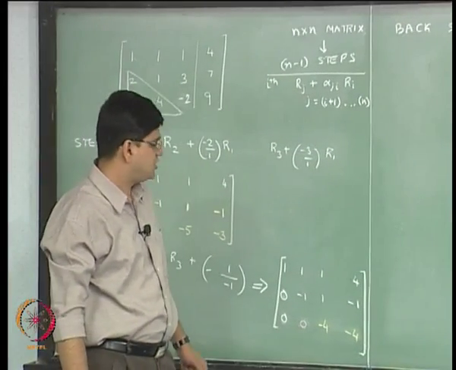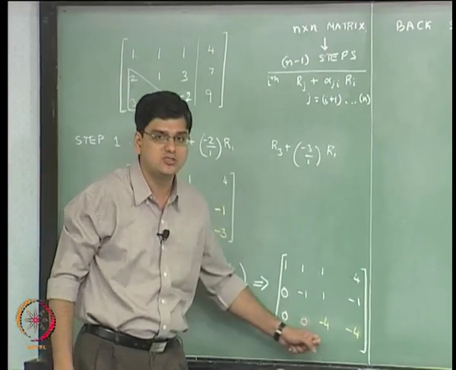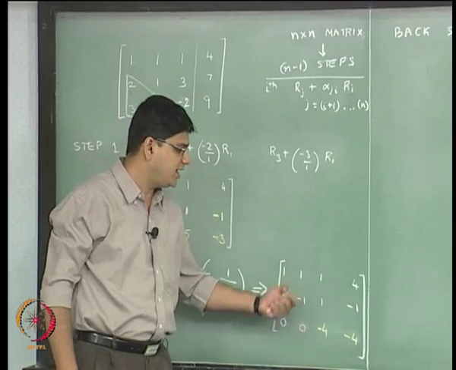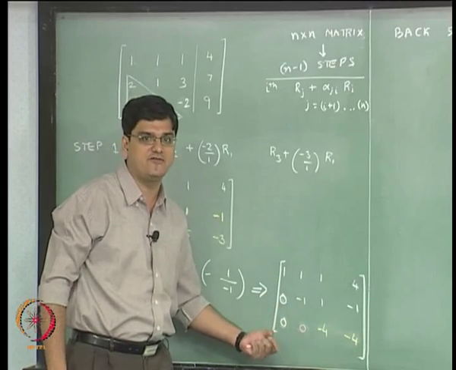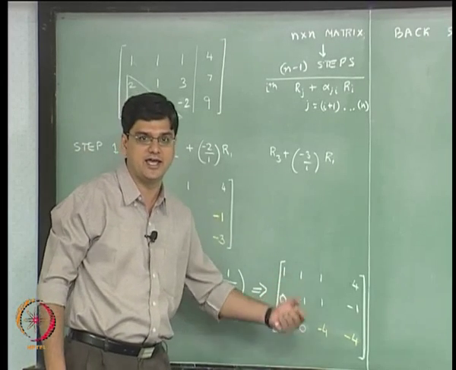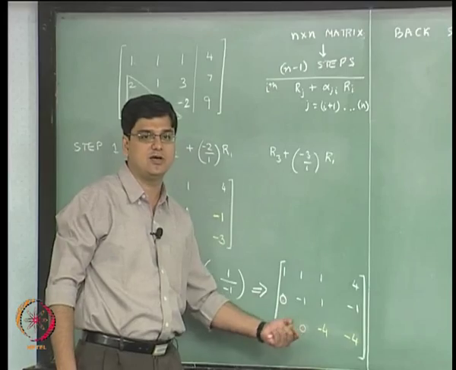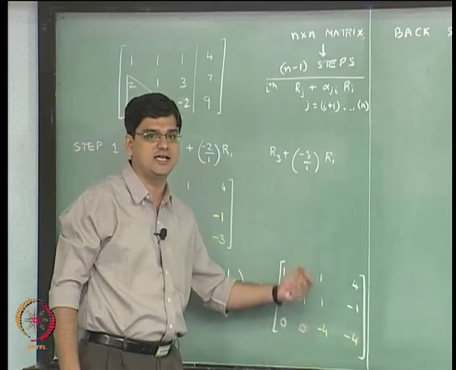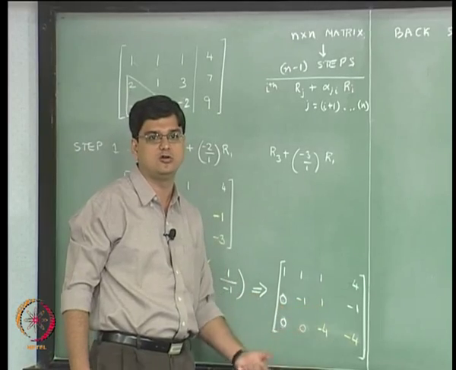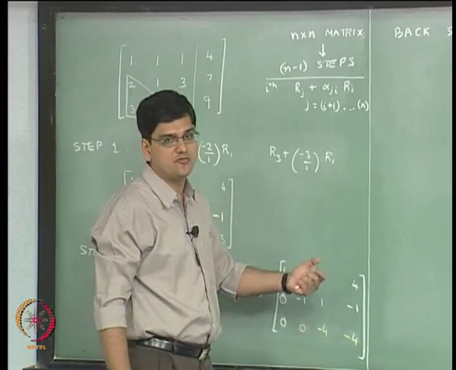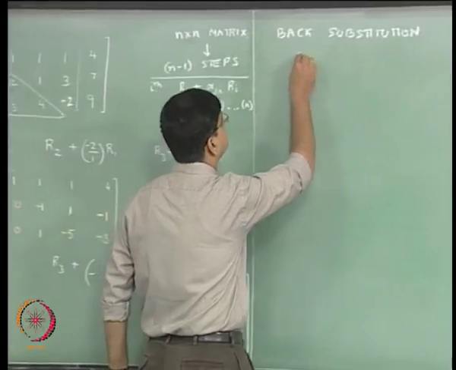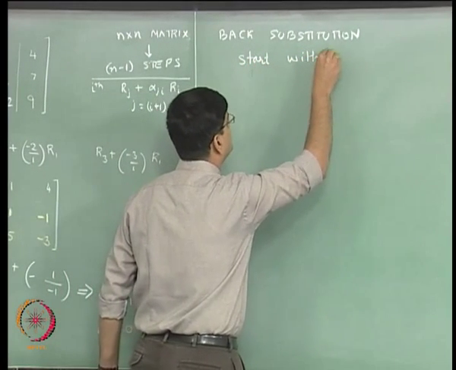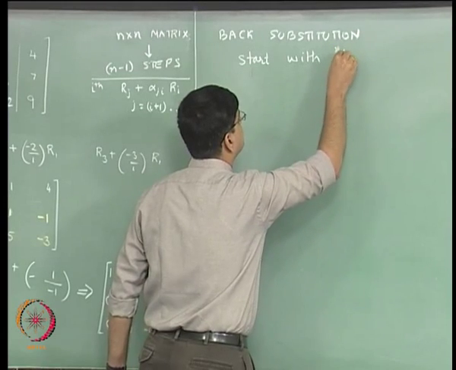In back substitution what we will first do is we will use the last equation, the nth equation, to get xn, the n minus 1th equation and the value of xn in order to get xn minus 1, we will use the n minus 2th equation and the values of xn minus 1 and xn in order to get xn minus 2, and so on and so forth. So we start with the nth equation.